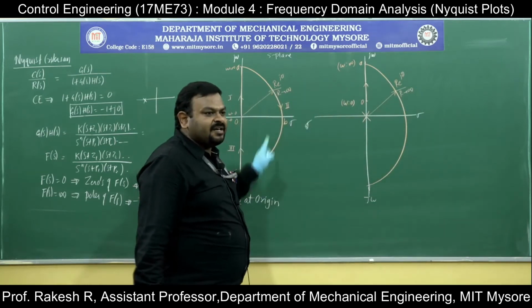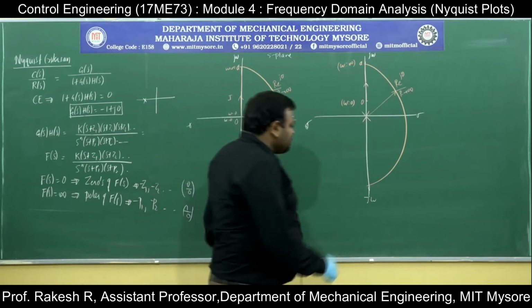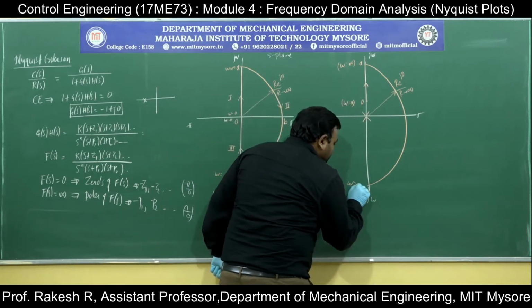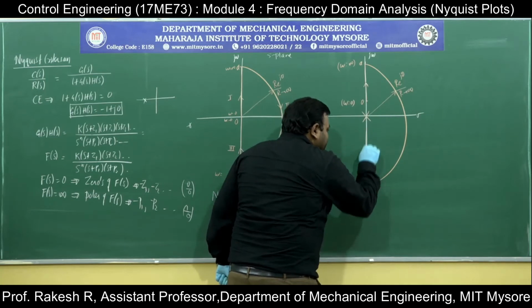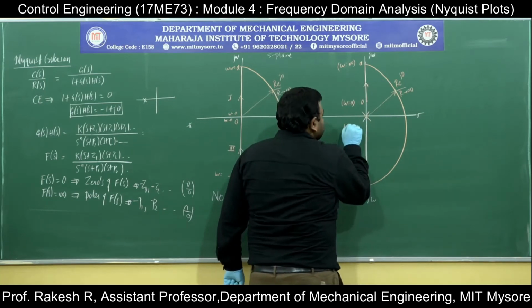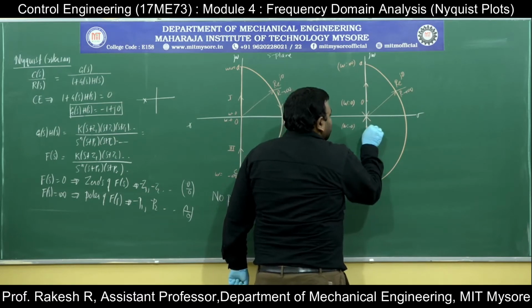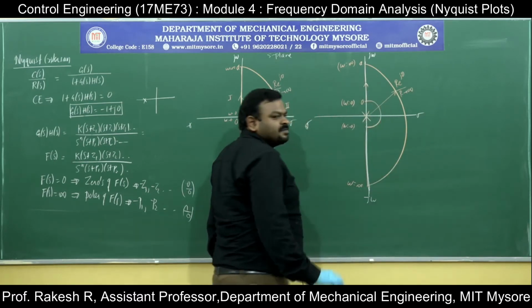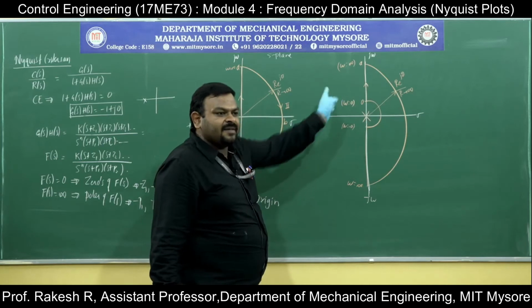I will be searching the entire right half of the S plane, then on the negative side I will reach minus infinity. Again I will come back to minus 0, omega equal to minus 0, and I will take a bypass here. Since there is a pole, I will take a bypass.